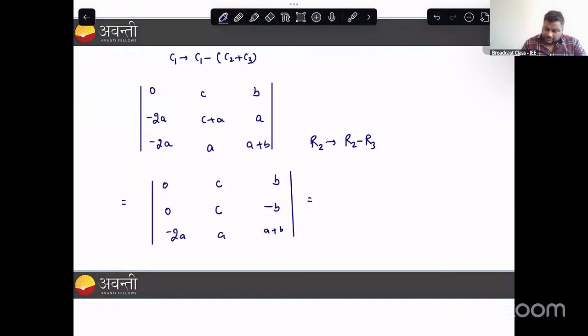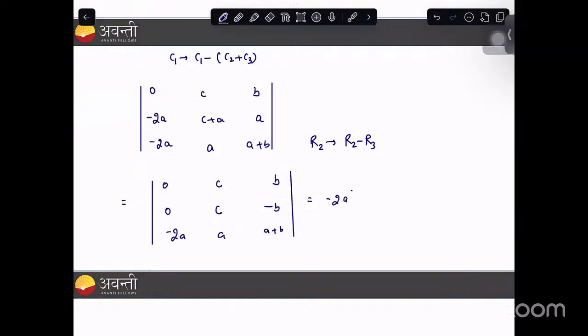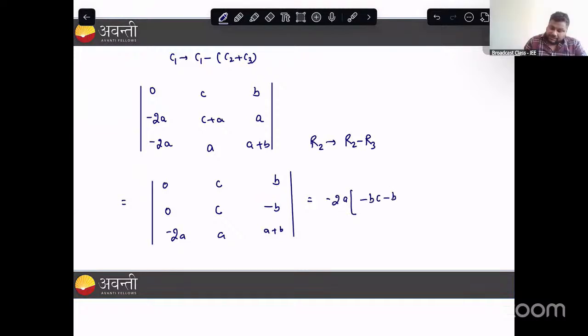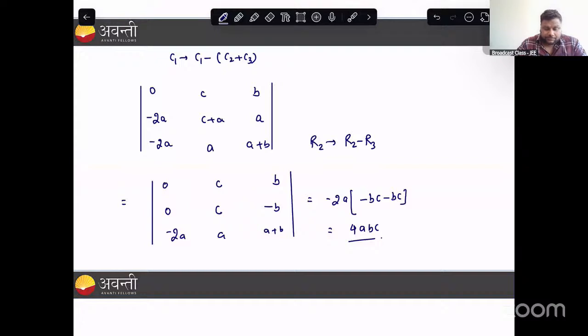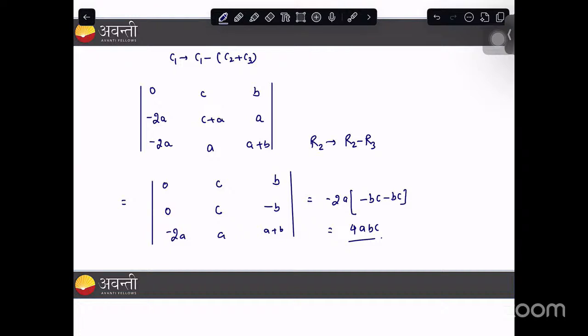So now you can expand it along the first column, minus 2a times minus BC minus BC. So it is 4 times ABC. That's it. Is it okay?